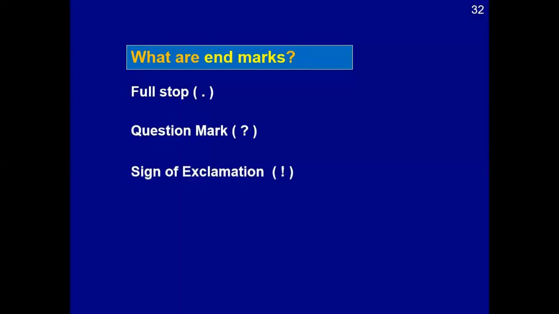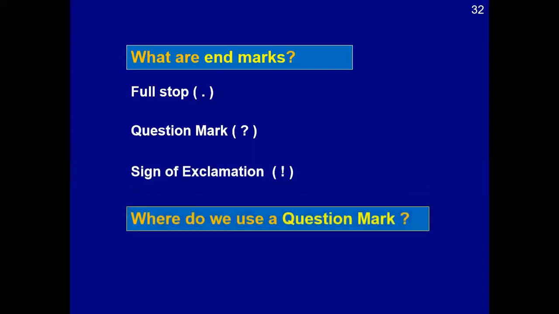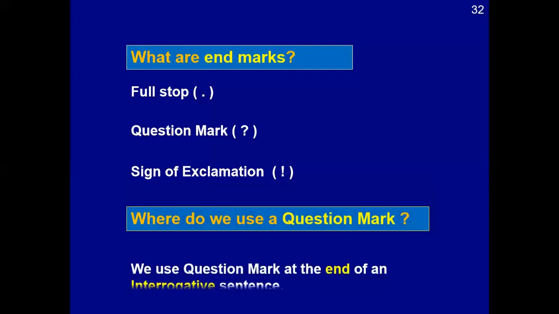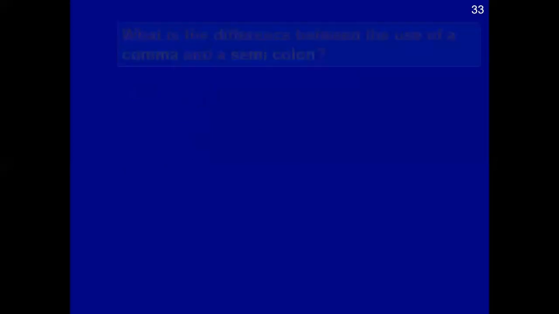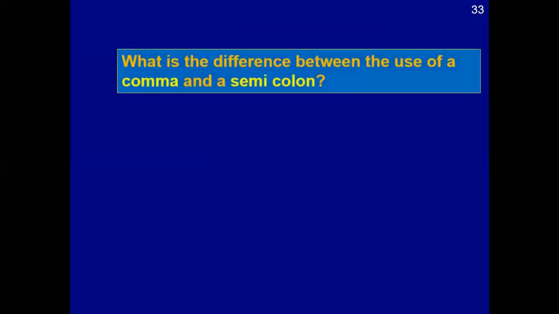What are end marks? How many of you are capable of answering it? Full stop, question mark, sign of exclamation. These are basically end marks. Where do we use a question mark? At the end of an interrogative sentence. What is the difference between the use of a comma and a semicolon?